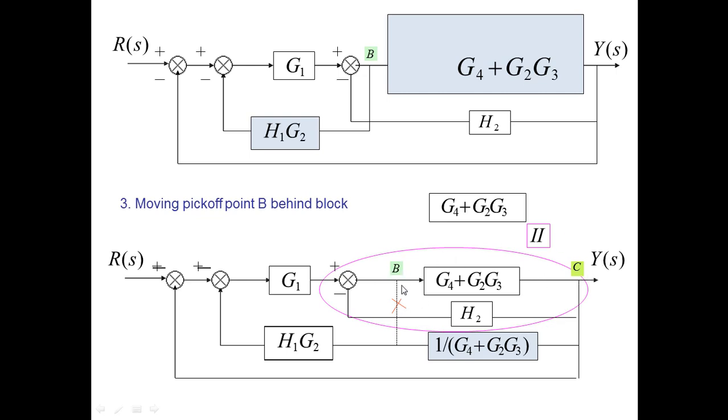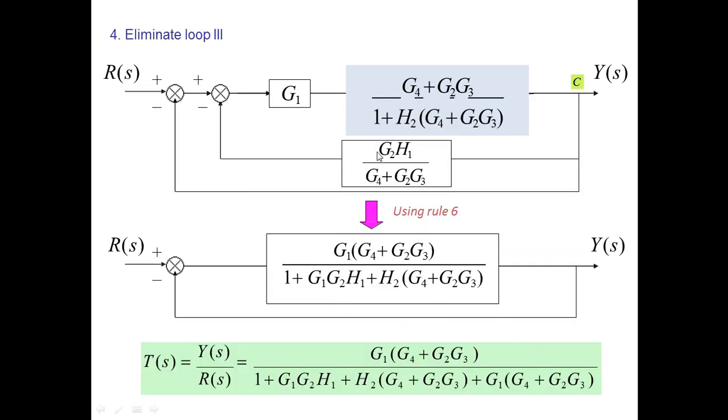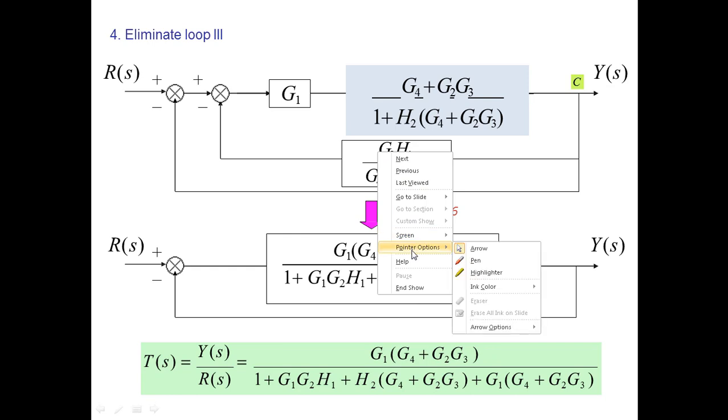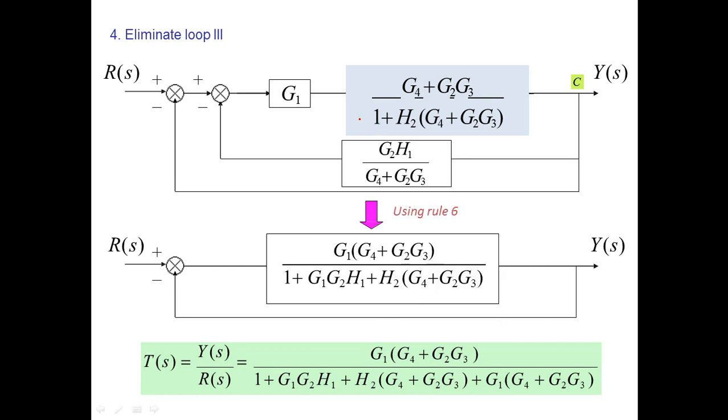So you can see that this is a feedback loop, and you know that this will be equal to this thing divided by 1 plus this thing and this thing, and I have asked you to put a plus because the sign is minus over here. So you have found that this block is now this.